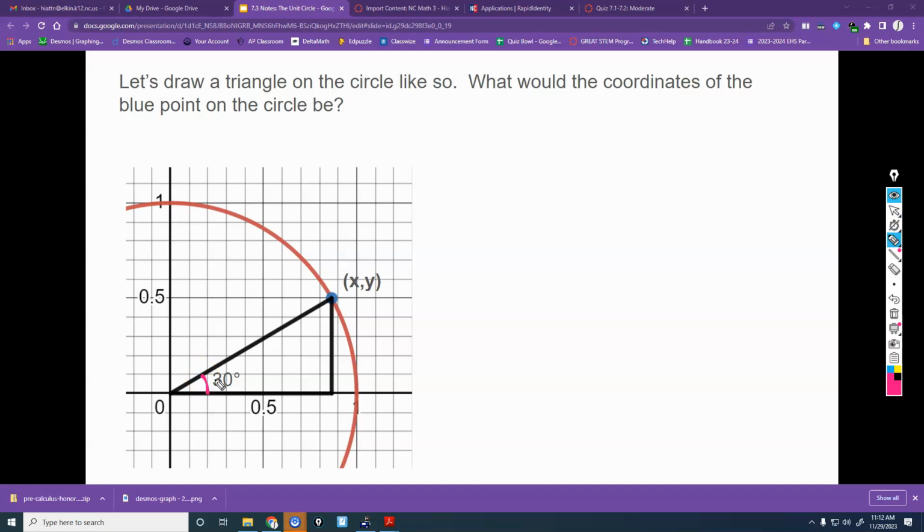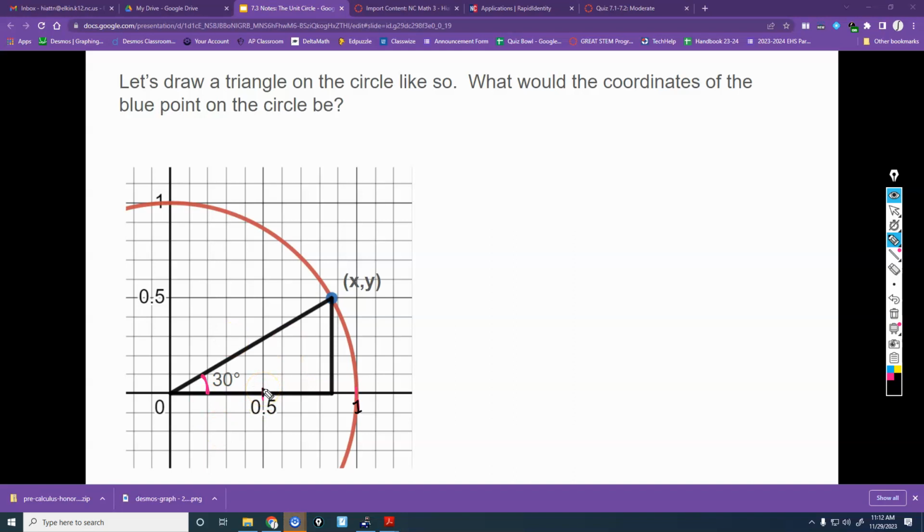Okay. So this 0.5 right here is not labeling that side as 0.5. This right here is 0.5. This right here kind of fell behind the circle. That's a 1 right there. So that is not saying that the length of that side is 0.5. It is saying that tick mark right there is 0.5.